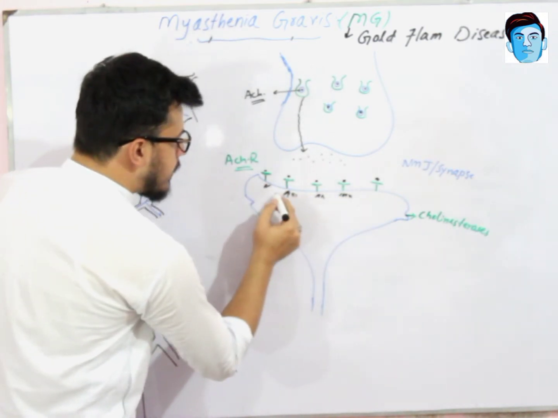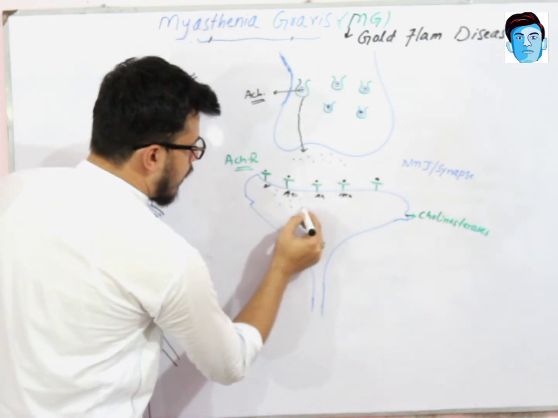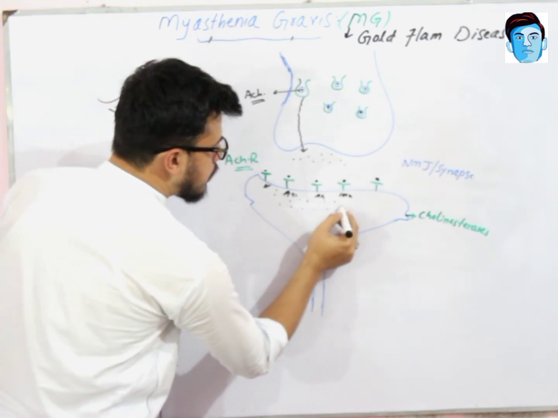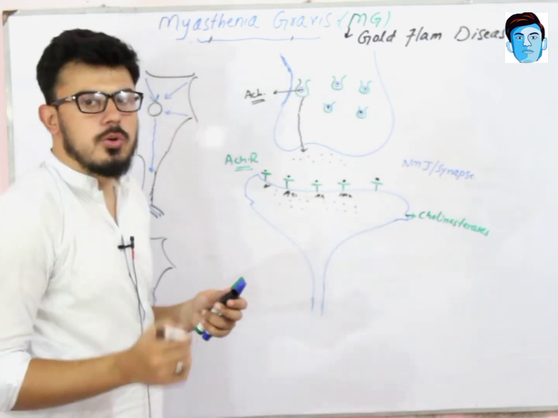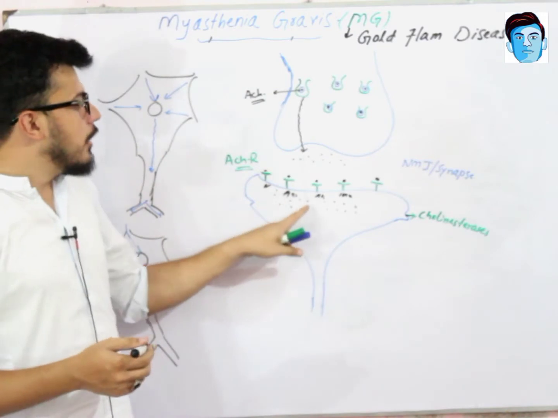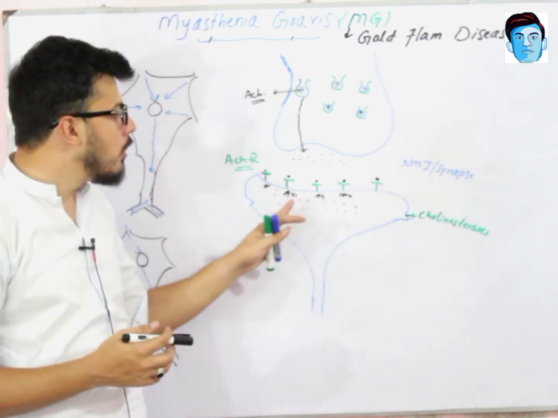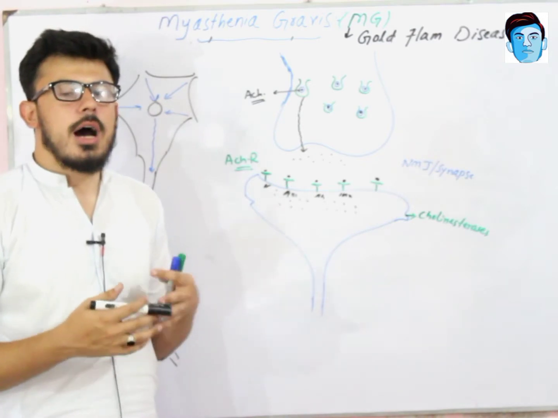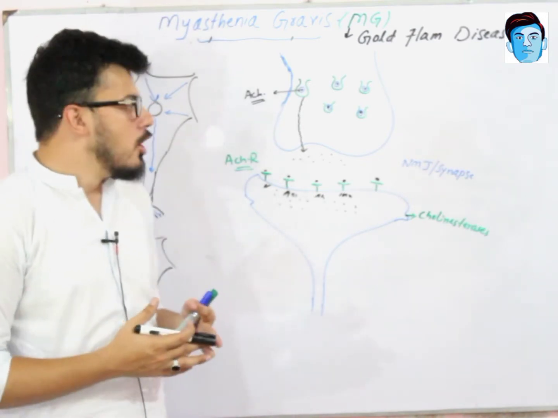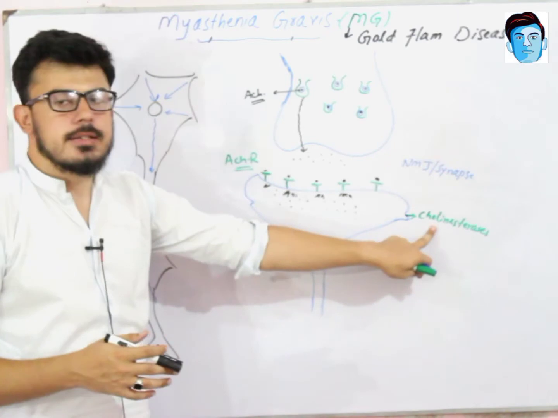Now the acetylcholine that reaches the postsynaptic neuron helps in the muscle contraction, but there is certain extra acetylcholine which is of no need. For that there are cholinesterases.